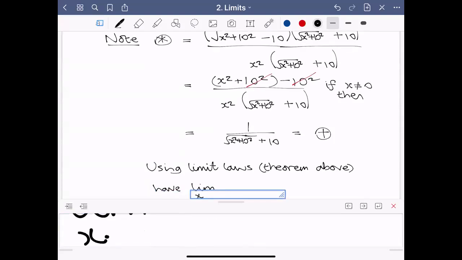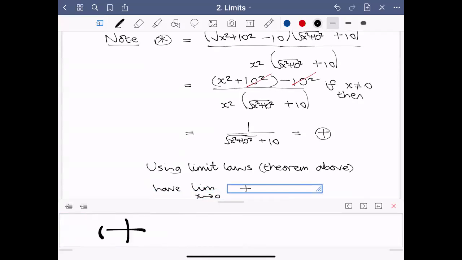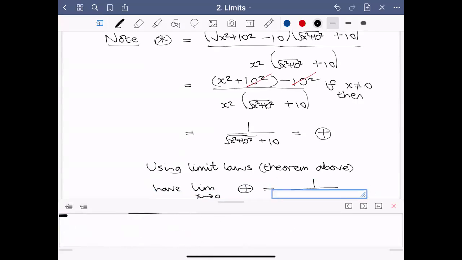The limit as x goes to 0 of plus is given by the value of plus at 0.